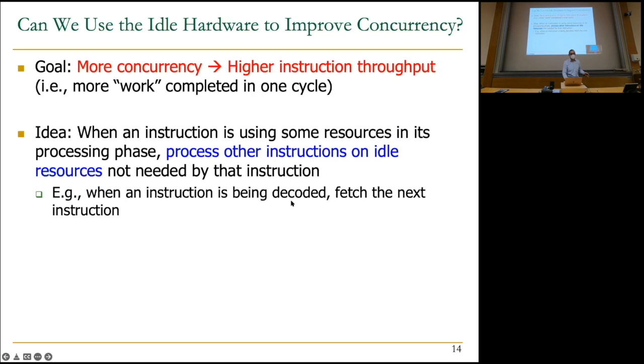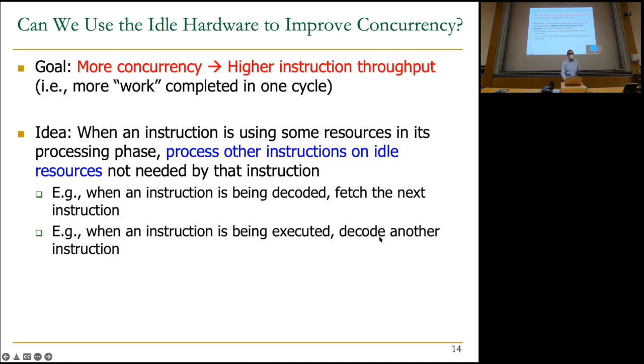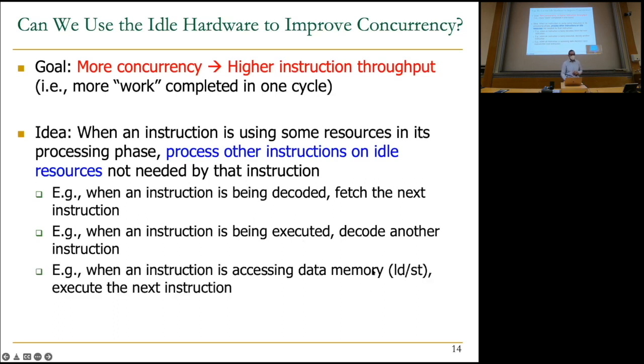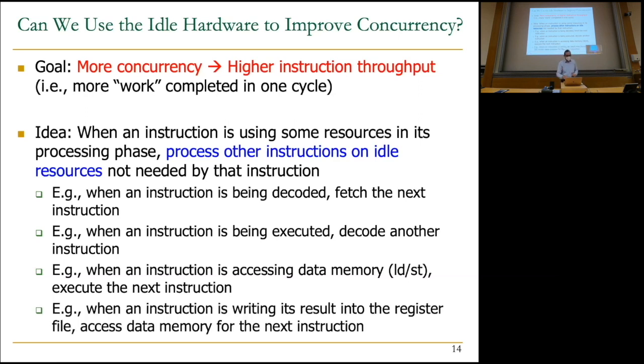When an instruction is being decoded, you can fetch the next instruction. When an instruction is being executed, you can decode another instruction and fetch the next instruction. When an instruction is accessing data memory, you can execute the next instruction, decode the next instruction, and fetch the next instruction. And basically, you keep doing this. When an instruction is writing its result into the register file, access data memory for the next instruction, execute the next instruction, decode the next instruction, and fetch the next instruction, basically.